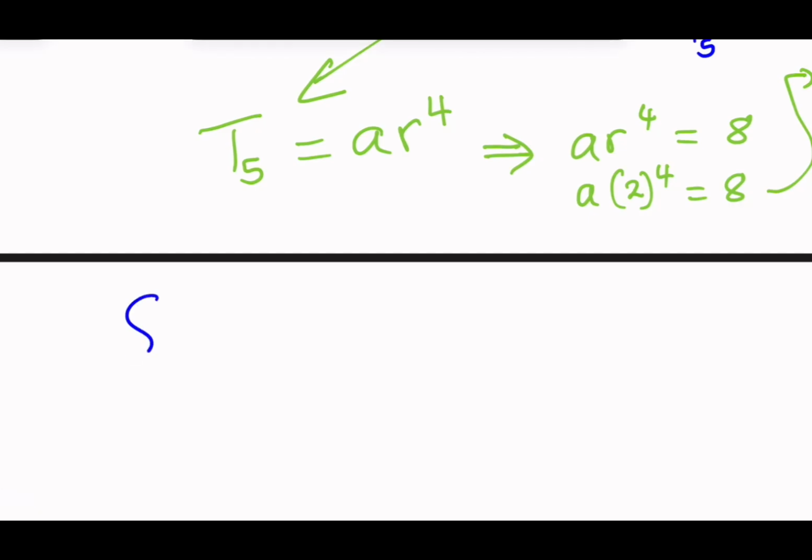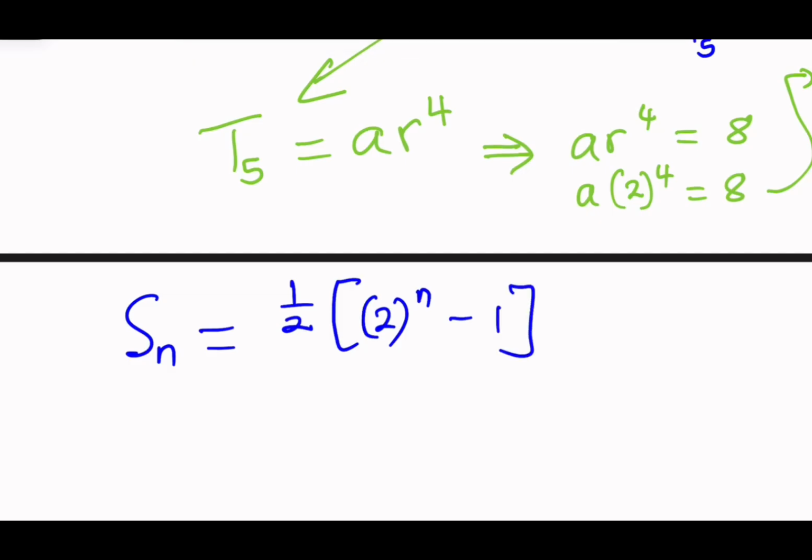So Sn, finally, I know instead of A, it's a half. I know A is a half, and I've got R, which is 2 to the power n minus 1. I don't even think I needed these brackets here, but it's fine.